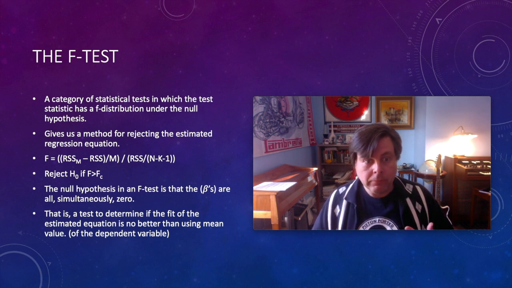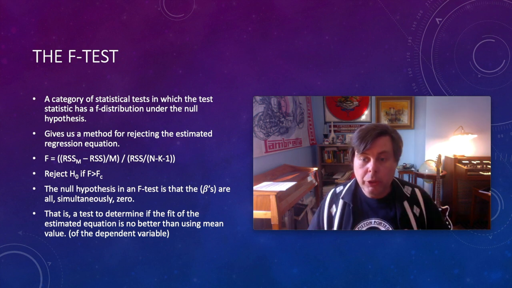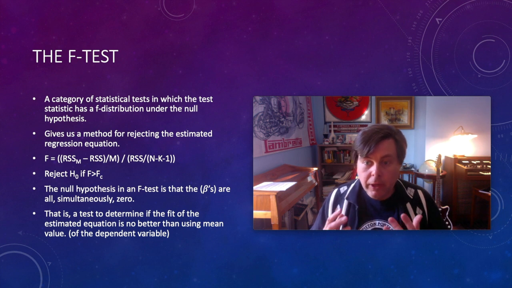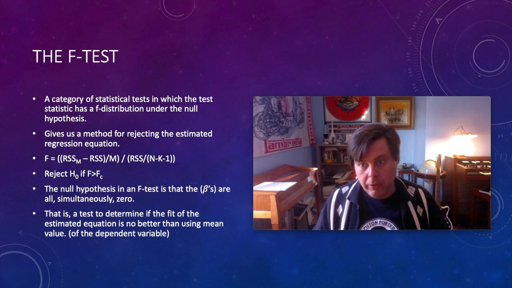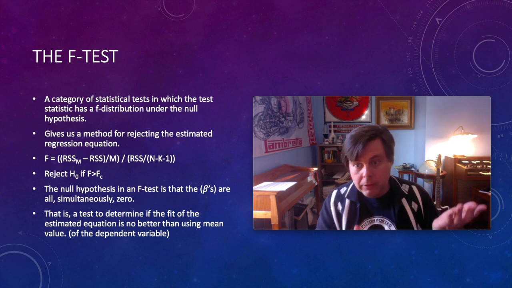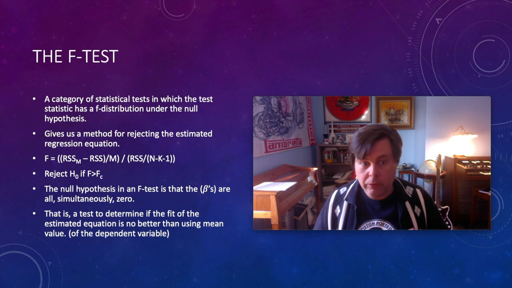For right now, we can kind of leave it there. We're going to use the F-test to reject the null hypothesis if our F value ends up being greater than the critical value of F. Like with the t-test, that critical value is going to depend upon a lot of the things in this equation: number of variables, number of observations, and so on and so forth.